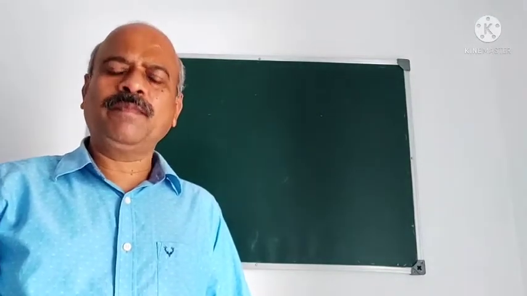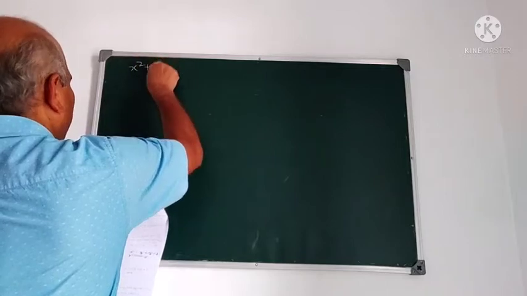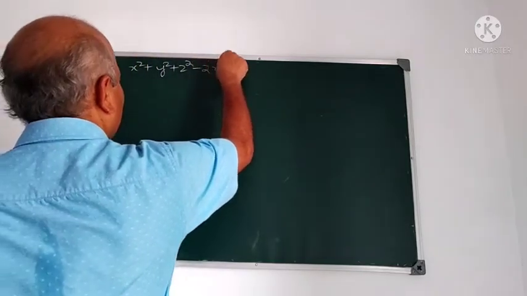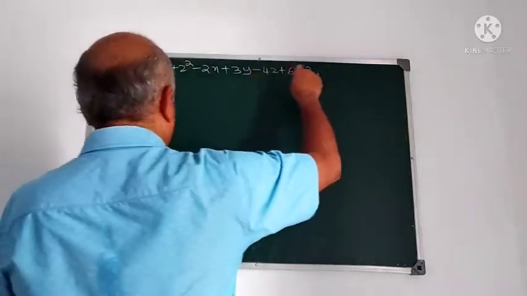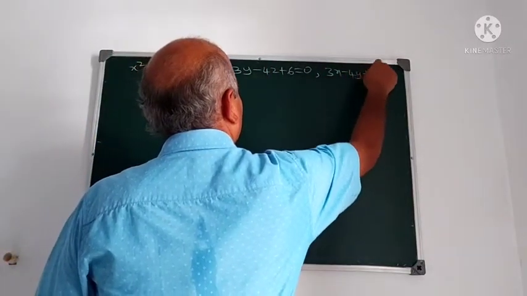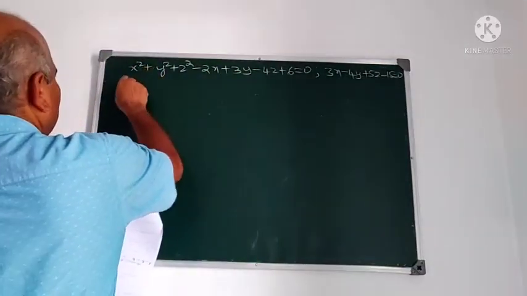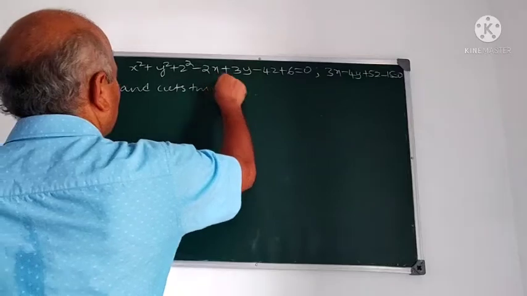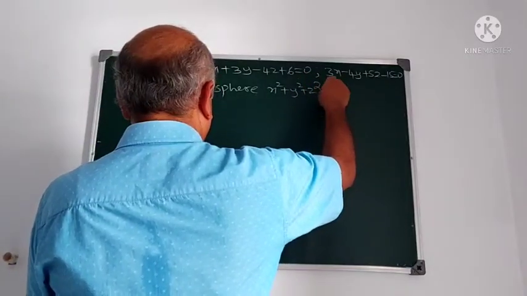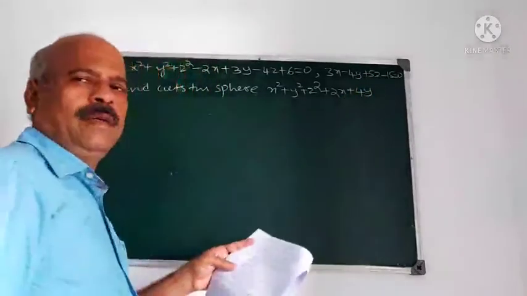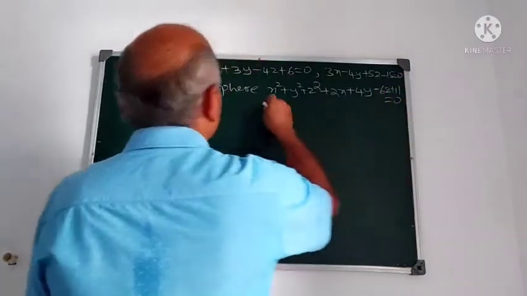Find the equation of the sphere that passes through the circle x square plus y square plus z square minus 2x plus 3y minus 4z plus 6 is equal to 0, 3x minus 4y plus 5z minus 15 is equal to 0, and cuts the sphere x square plus y square plus z square plus 2x plus 4y minus 6z plus 11 is equal to 0 orthogonally.